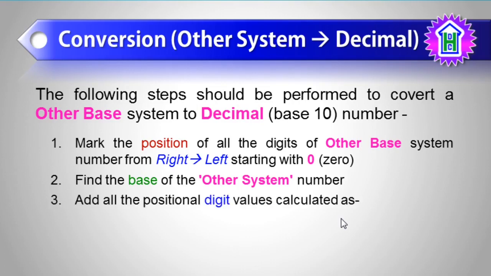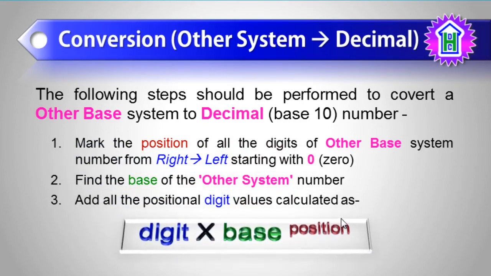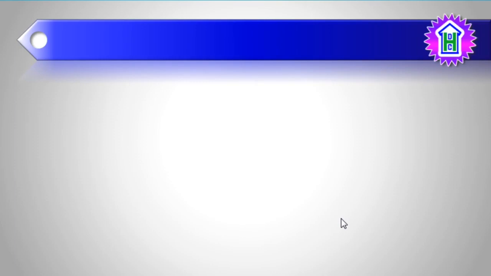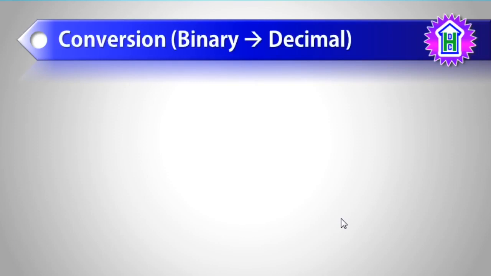Now we will have to add all the positional digit values calculated using the following formula, which is digit into base to the power position they occupy. So let us see one example where we are going to convert a binary number to a decimal number.